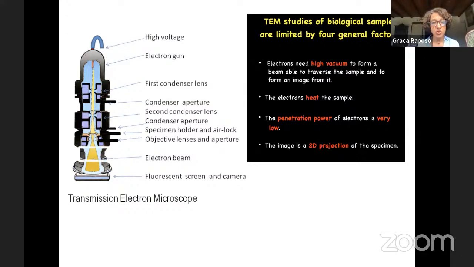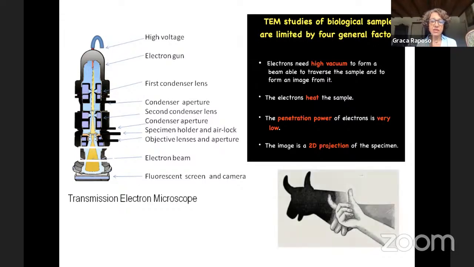and camera. So basically, in between, the image is made by the diffraction of the electrons, which are accelerated in the high vacuum. They go through the lenses, they hit the sample, and then these electrons are going to be deviated by the sample.